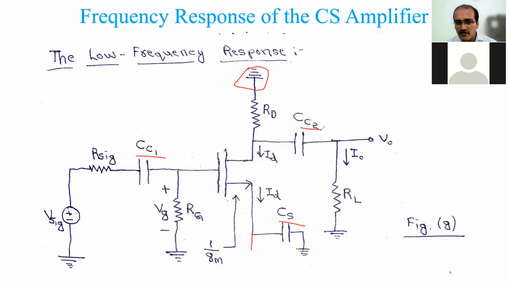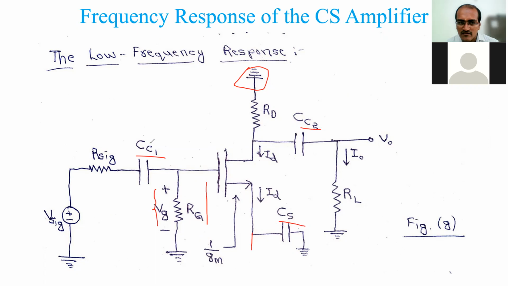For that, we will start from the input side only. First we will write the expression for VG, the output of the input circuit. VG is across RG. Before the transistor input, what will be the voltage? We get it from the voltage divider rule, RG by RG plus R signal. Now the capacitor is connected, and it is also considered in Laplace form.